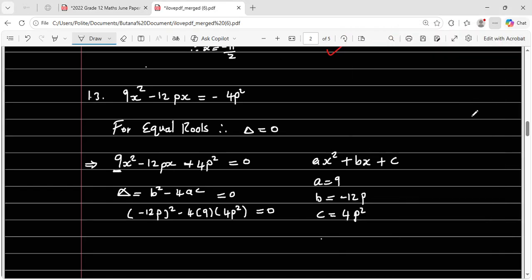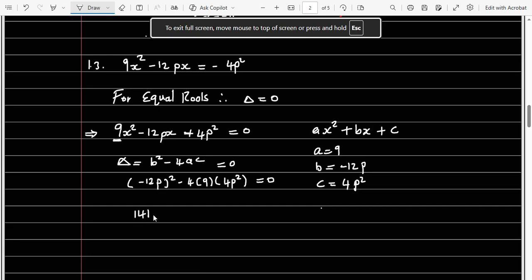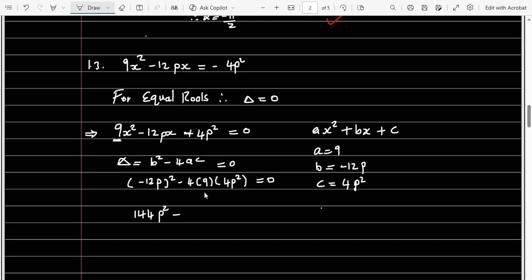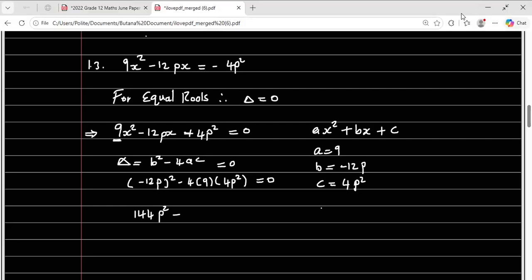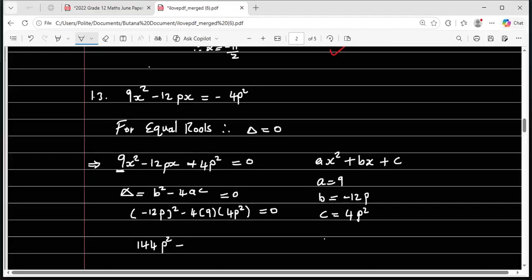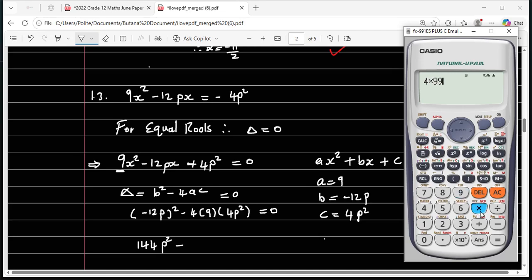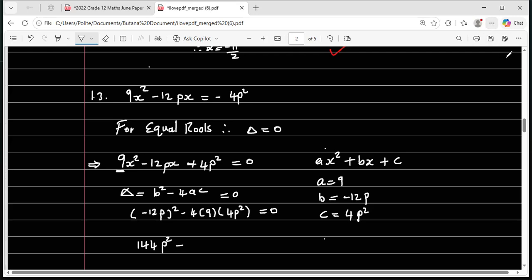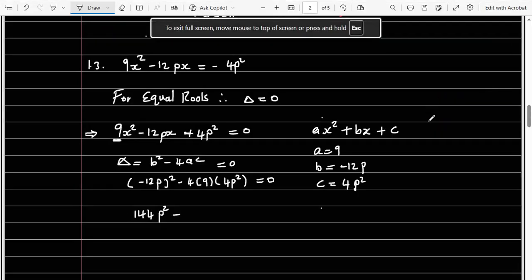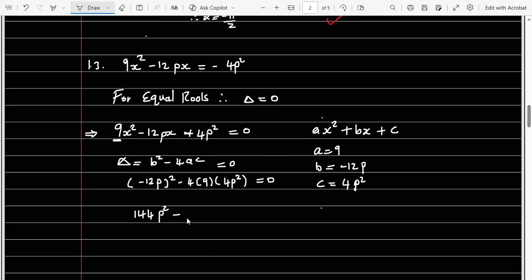Then minus 4 times 9 times 4, which is 144 also, so minus 144p squared equals 0. So 0 is equal to 0, because those two are like terms.